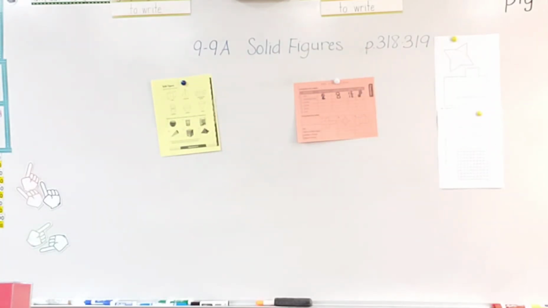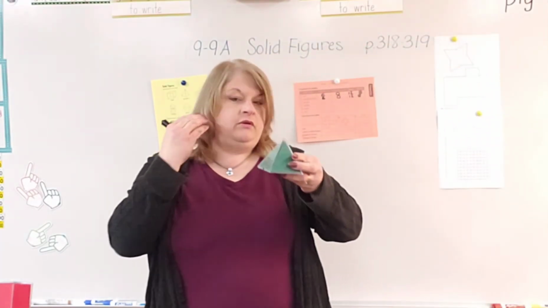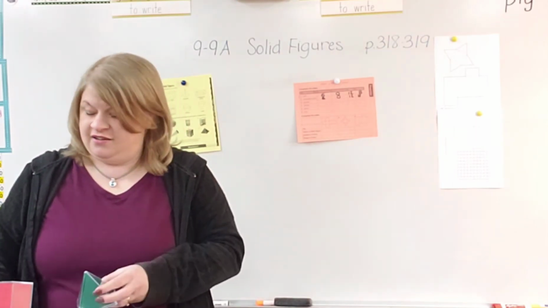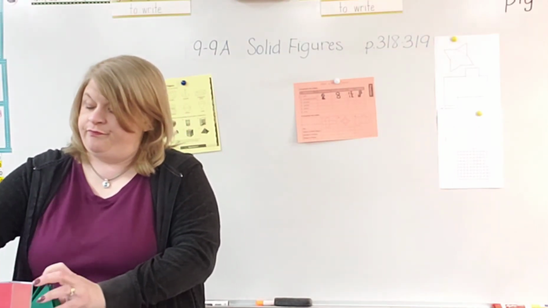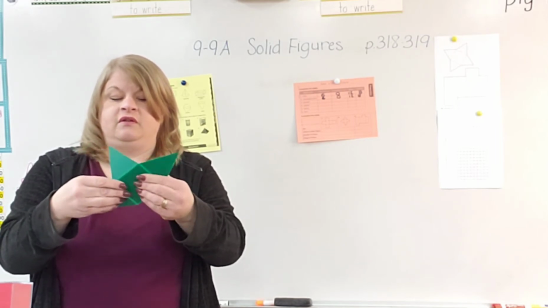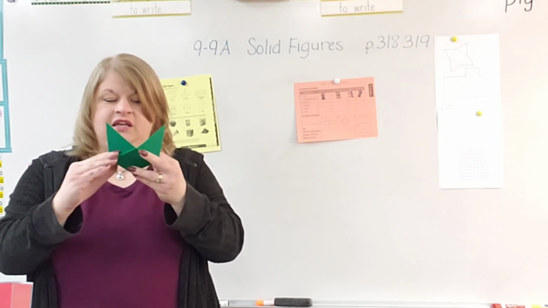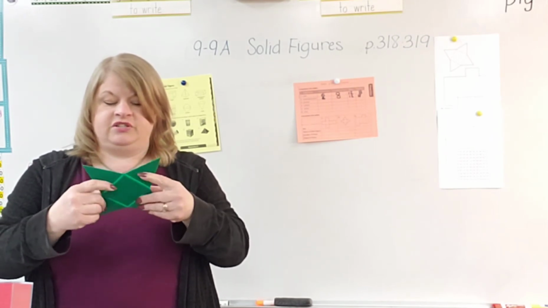A pyramid. Ooh, let me get out the pyramid. All right. Here is my pyramid. You want to see the net? All right. This is cool because look what happens. Pretty cool, huh? Kind of looks like, what is it, a TIE fighter or something?